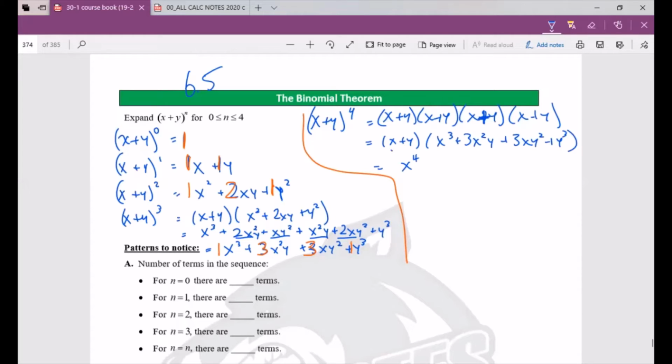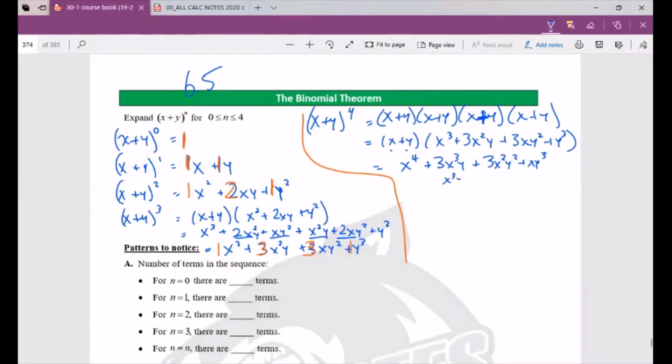If I'm multiplying this x by all of these, this ends up being x to the 4 plus 3x cubed y to the 1 plus 3x squared y squared. And then the last term is going to be plus 1xy cubed. Now to multiply the y by each of those terms, I'm actually going to write it underneath it, and I'm going to line up my like terms just to make it easier to multiply it out. y times x cubed is 1x cubed y plus 3x squared y squared plus 3xy cubed, and then plus y to the 4.